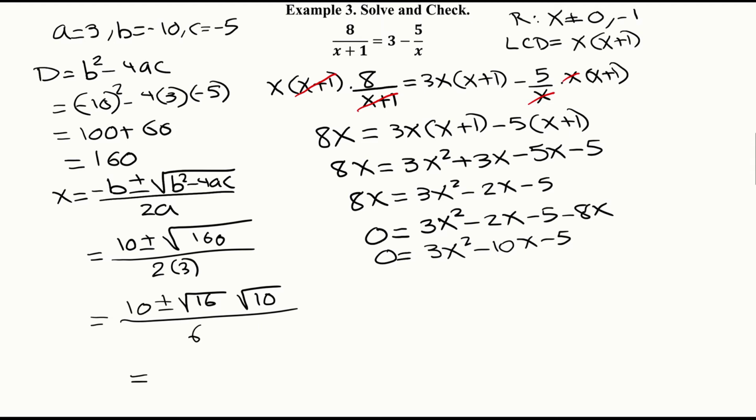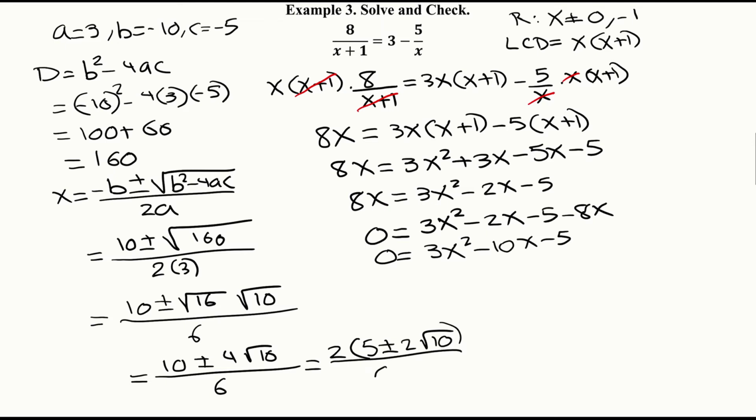So we end up with 10 plus or minus 4 radical 10 over 6. And we notice a common factor of 2 on the top, so we'll go ahead and factor it out. That will leave us 5 plus or minus 2 radical 10 over 6.